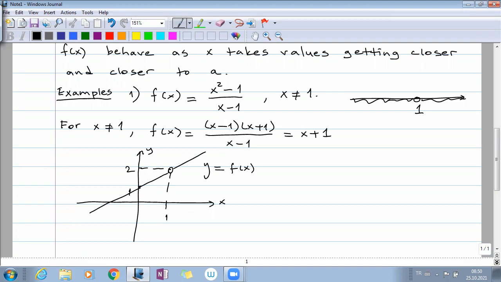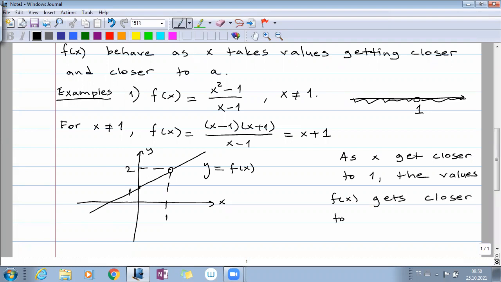So we can see intuitively that as x gets closer to 1, the values f of x get closer to 2.